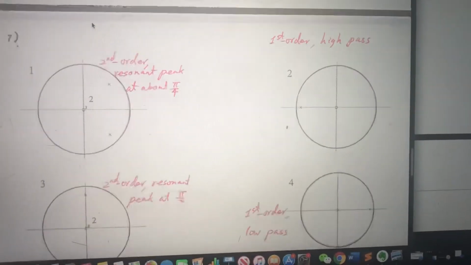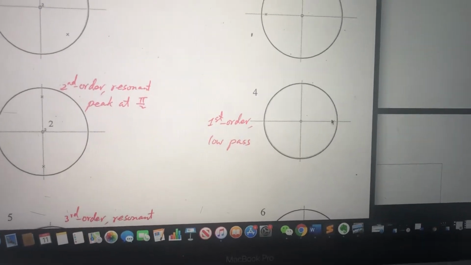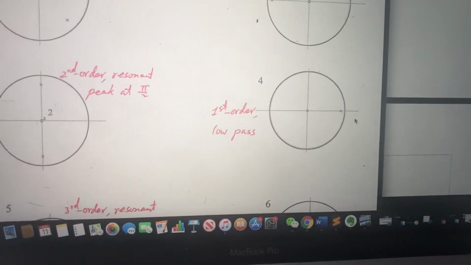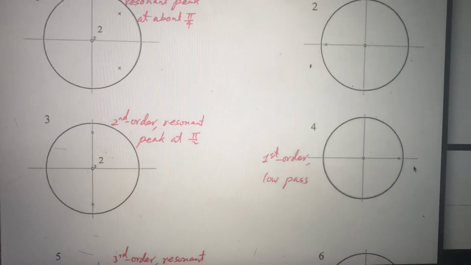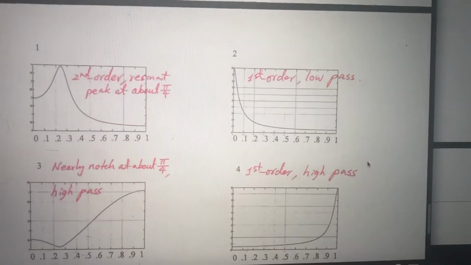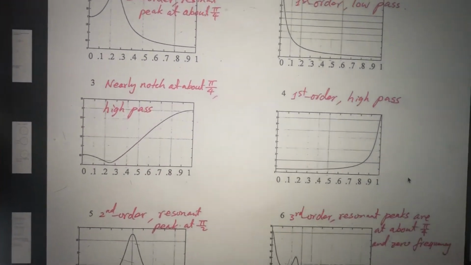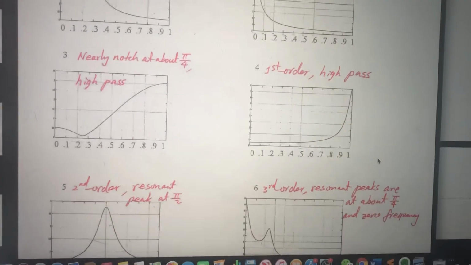And now let's look at graph 4. We can see that it has only one peak point, and it reaches its peak at around 0. So let's check those graphs below to find the graph which satisfies the condition.